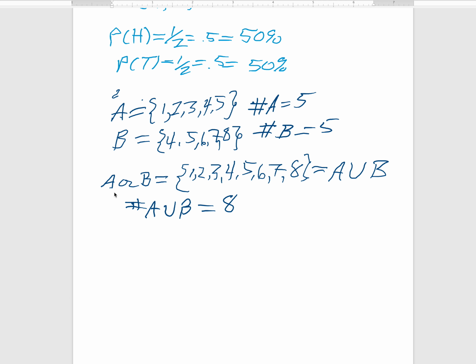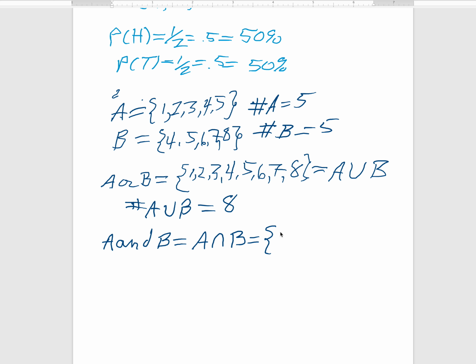Okay, now the next thing you can do is you can do A and B. Well, this means it has to be in both. It's not just in A or in B, either or both. And this upside down symbol means intersection. It means only the things they have in common.